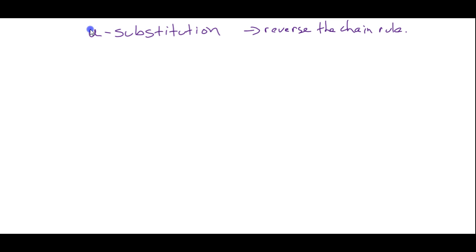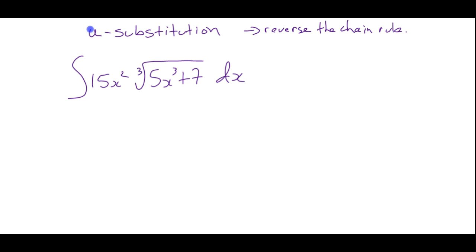But if we get more complicated expressions, we'll start off with one that's fairly simple, and you'll see how this works. Let's say we want the integral of 15x squared times the cube root of 5x cubed plus 7 dx.